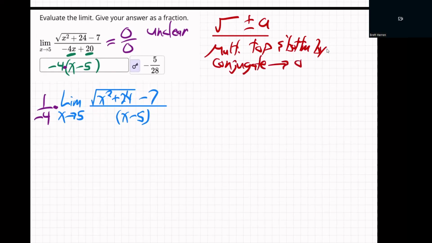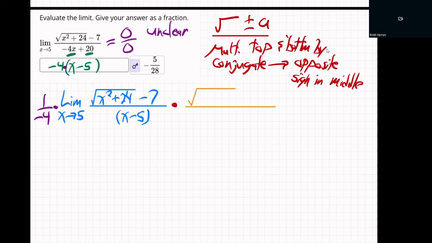And what that means is opposite sign in the middle. So you want to multiply, let me change my color here, by square root of x squared plus 24 plus 7, and then same thing on the bottom.